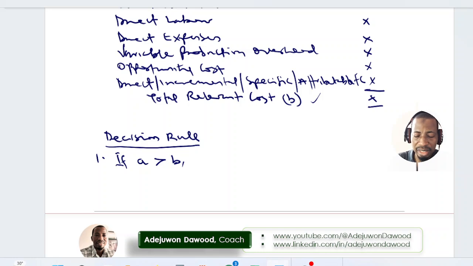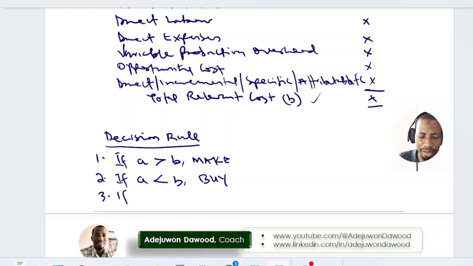So if A is greater than B, make. Then number two, if supplier's quotation is less than relevant cost of making the component, you buy.